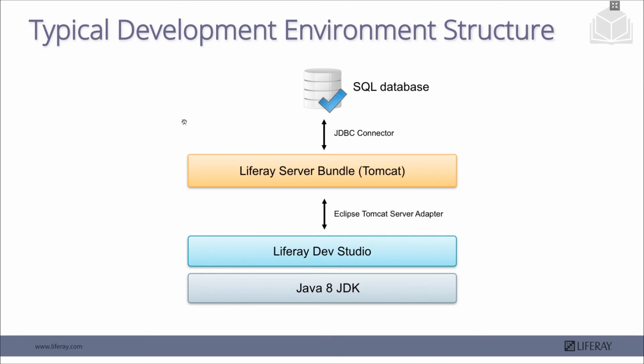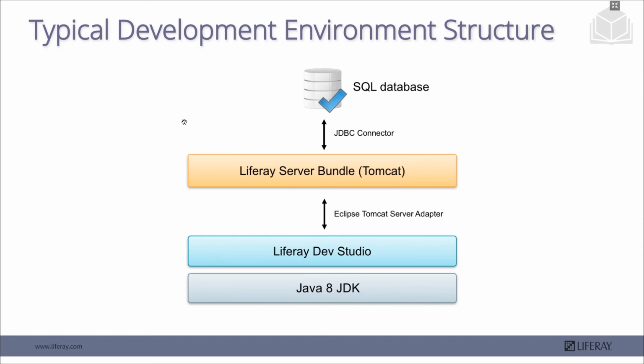So let's take a look at our development structure as we talked about those different aspects. In the foundation, we need a Java JDK, whichever version number is applicable during the time that you are installing Liferay. We will use Dev Studio in our situation, and Developer Studio is going to connect to a Liferay Tomcat bundle, right?